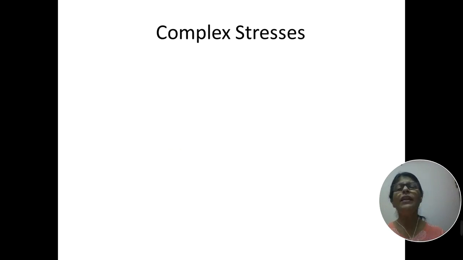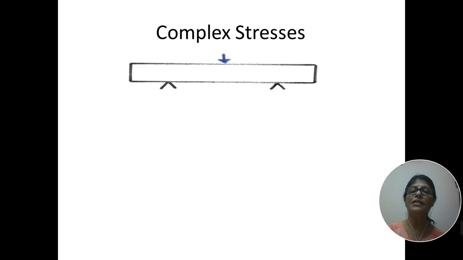Now, it is extremely difficult to induce a stress of a single type in a body. In dentistry you may not find a single type of stress. For example, if a wire is stretched, tensile stresses are created, but at the same time you will find compressive as well as shear stresses also.